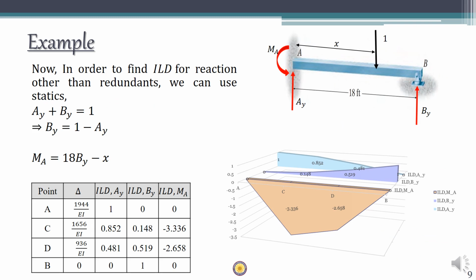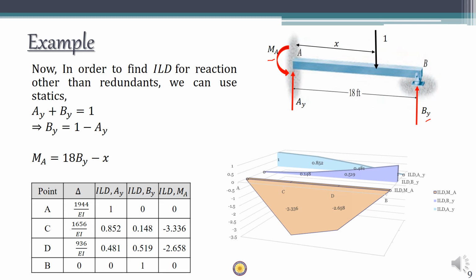Now that you have already got the ILD for the redundant reaction, you can get the other reactions, say BY and support moment MA. The ILD for AY, which is already known, can be used for drawing the ILD for BY. Say a unit load is acting at a distance x anywhere on the beam.